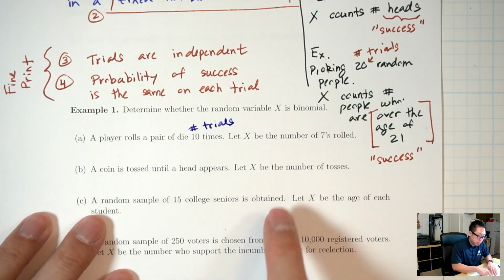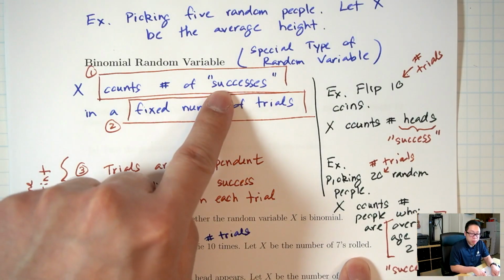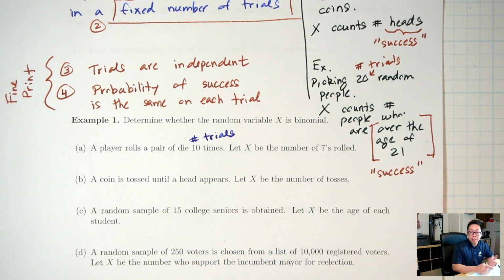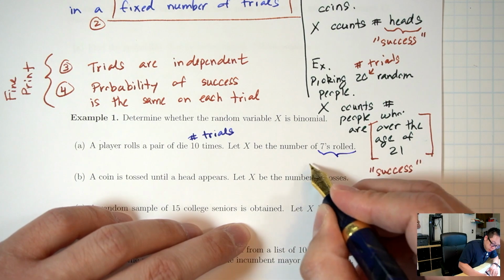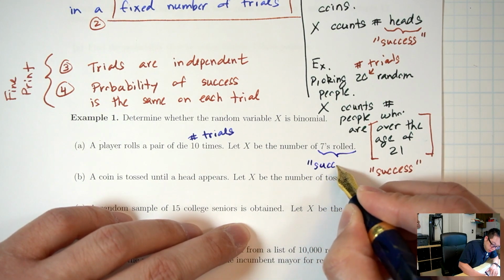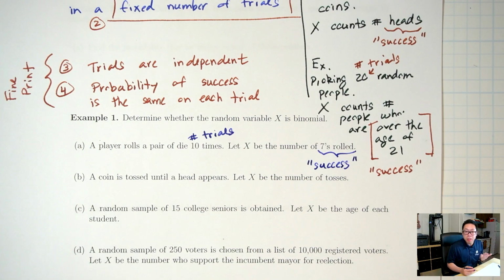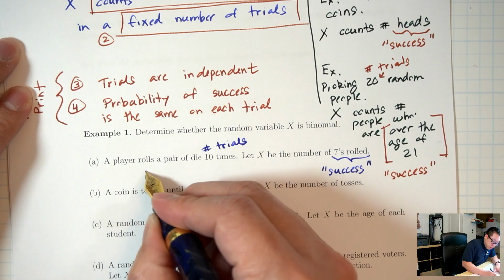Requirement 2 is met. X is the number of sevens rolled. So is X counting the number of successes? Yes. Here, getting a 7 is considered a success, and X is counting the number of sevens that you get. So it is counting the number of successes. So this is binomial.